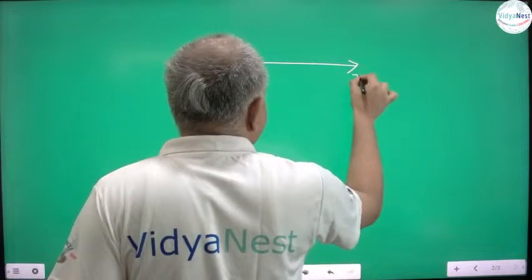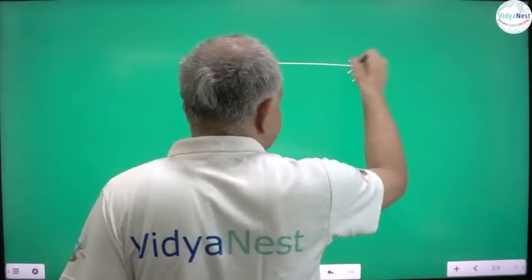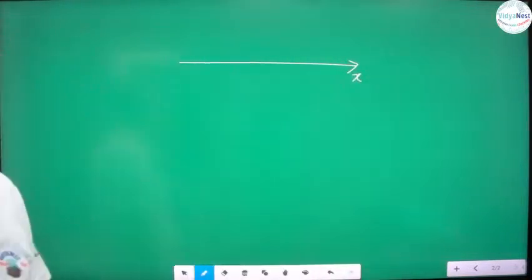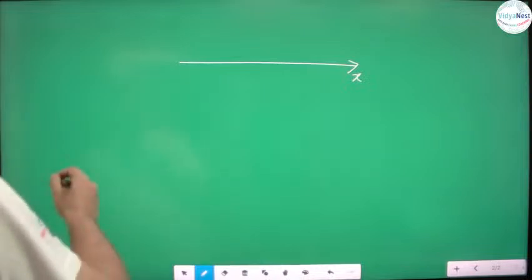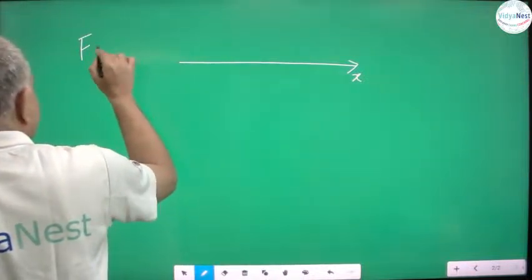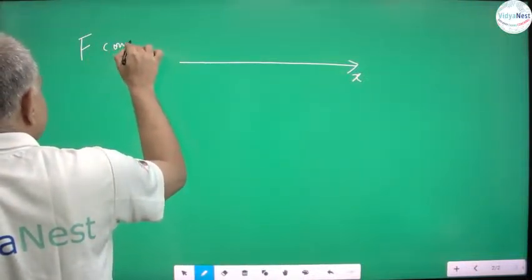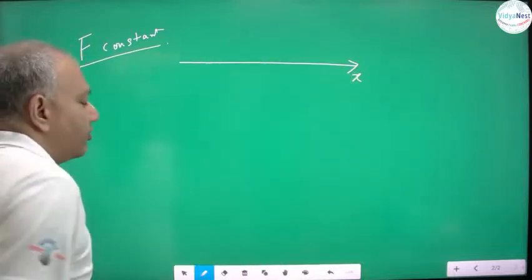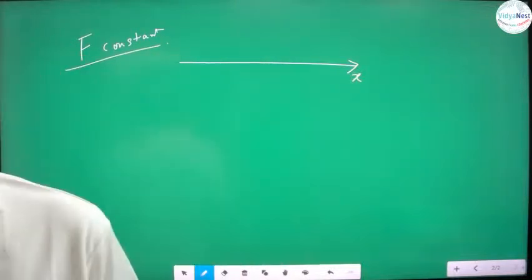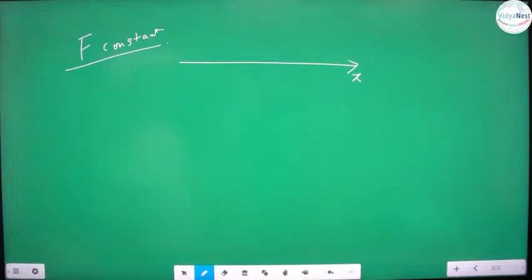It is in the x direction. Under the action of a constant force, F is constant. It is a constant force acting on a particle moving in the x-axis. So it is a 1D motion, one dimensional motion.